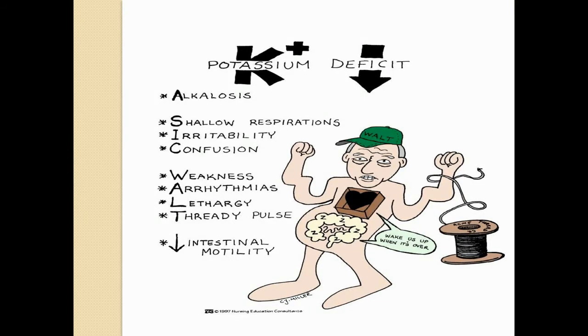Using this mnemonic: alkalosis, shallow respirations, irritability, confusion, weakness, arrhythmia, lethargy, thready pulse, and intestinal motility, we call it the mnemonic for hypokalemia, right?